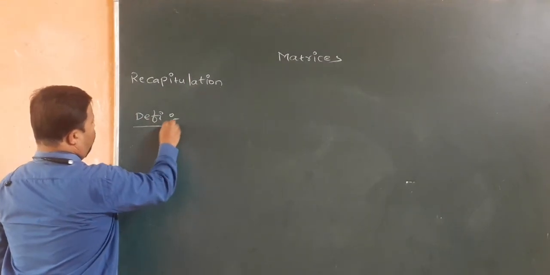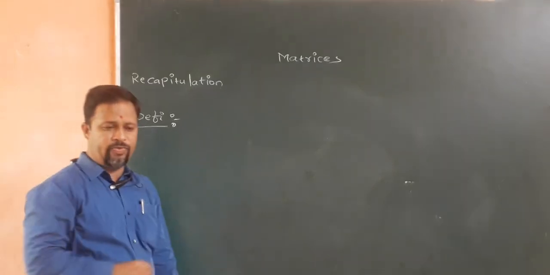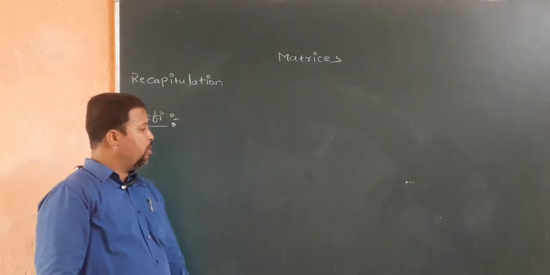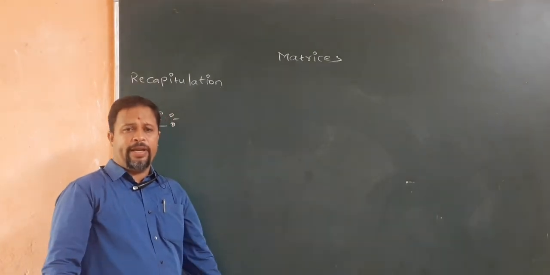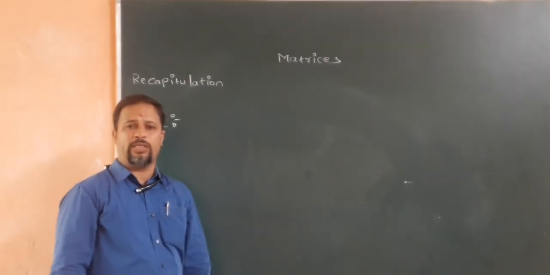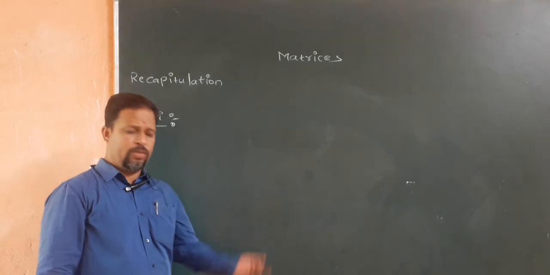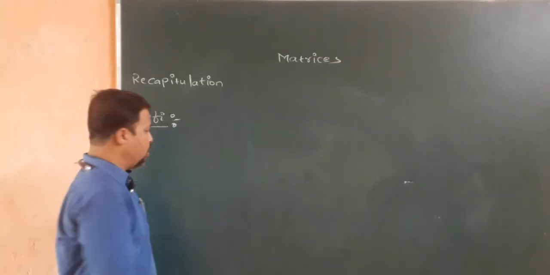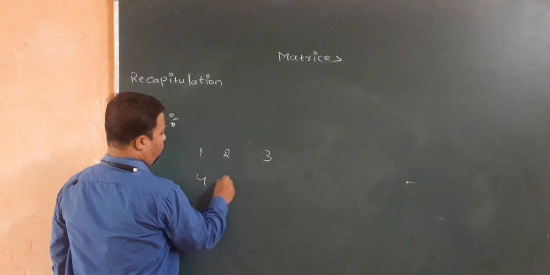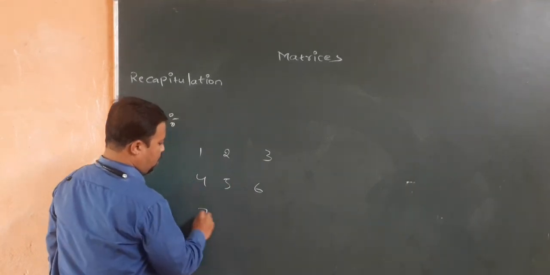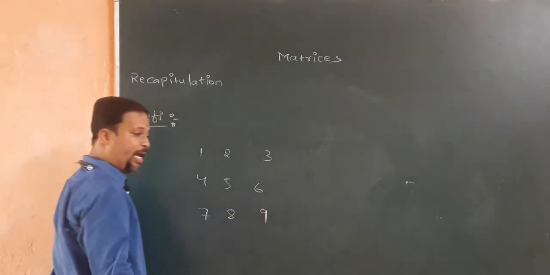What do you mean by matrices? The arrangement of numbers in rows and columns is called a matrix. The numbers might be complex or real. For example, 1, 2, 3, 4, 5, 6, 7, 8, 9.